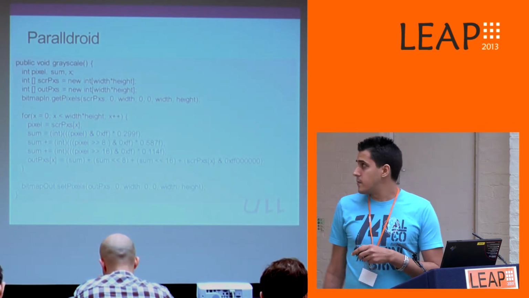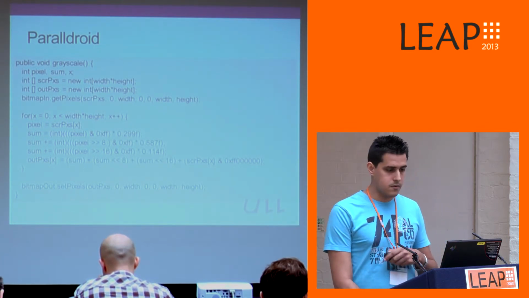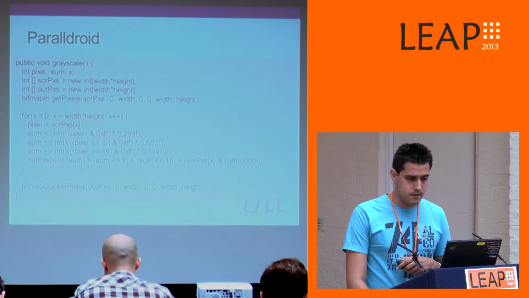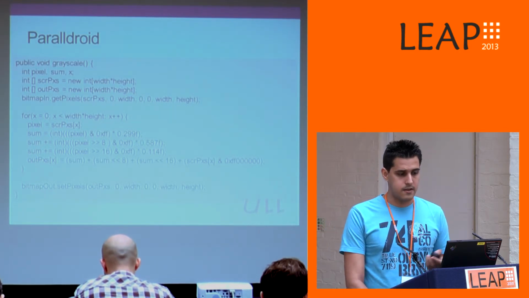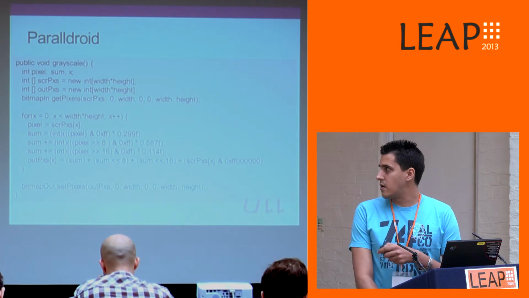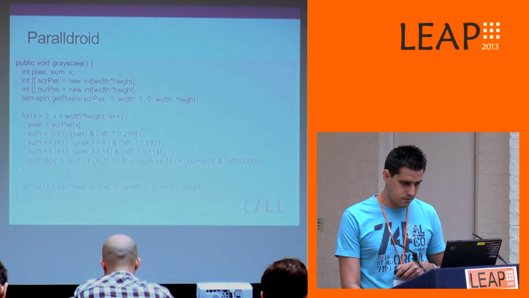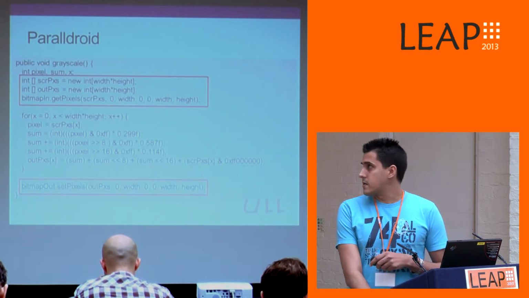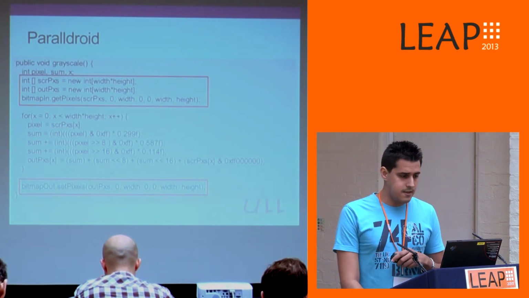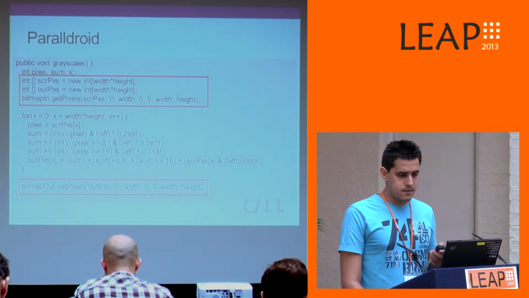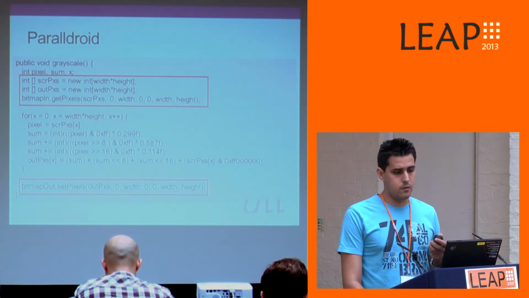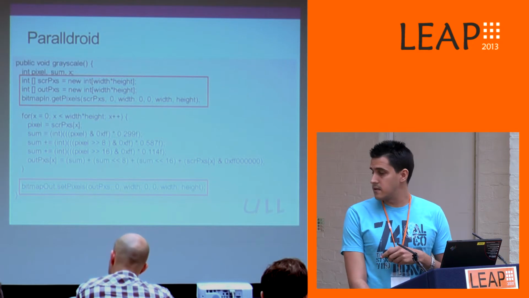This is an example of how to use the directives. It is the Java implementation of the grayscale program. Currently, the translator doesn't support working with objects.